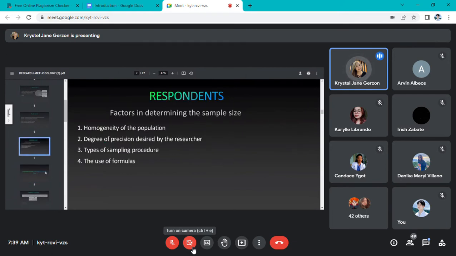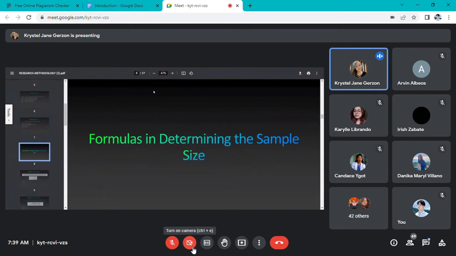So let's first talk about the sample size or your respondents. When we say sample size, meaning to say pila ka buok respondents ang plano ninyo nga kuhaon.